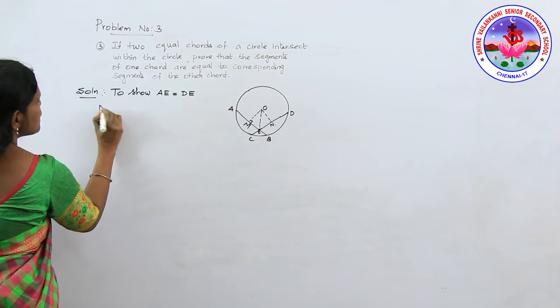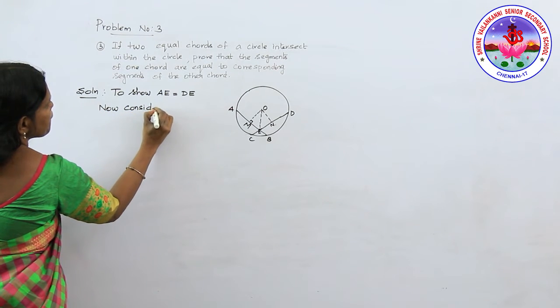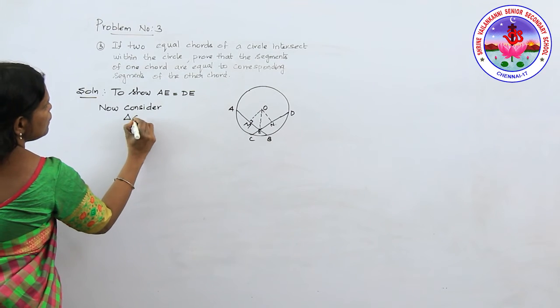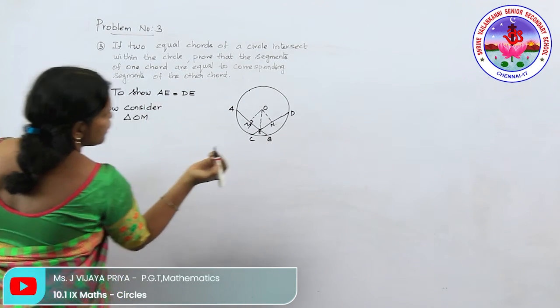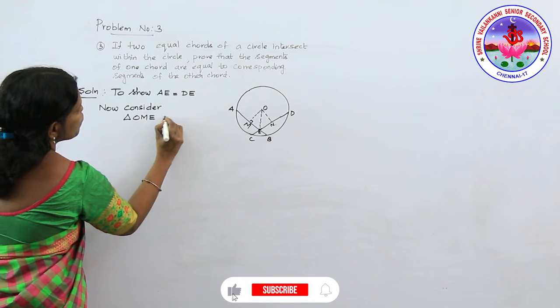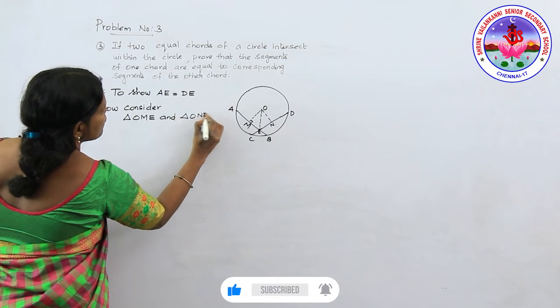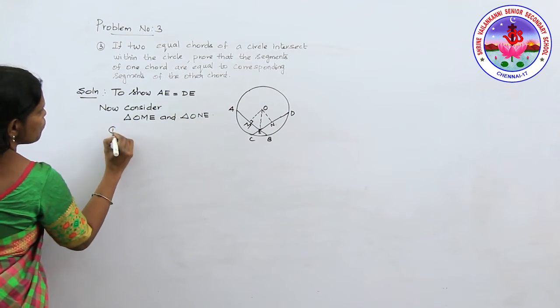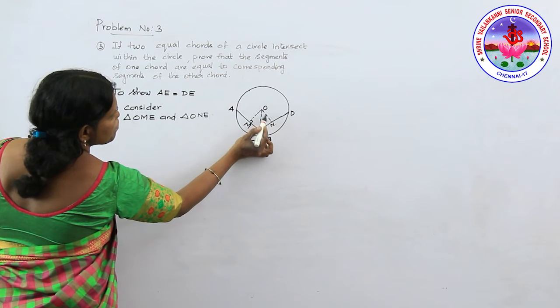Now consider triangle OME, where these two chords intersect at the point E, join OE. I am considering triangle OME and triangle ONE. So in this case, we know that the equal chords are equidistant from the center.